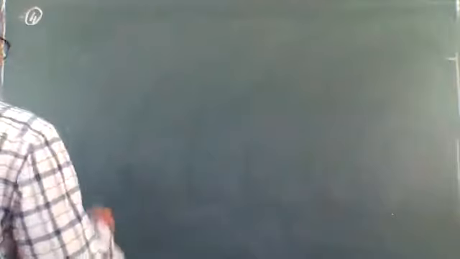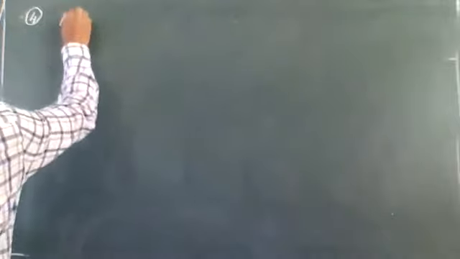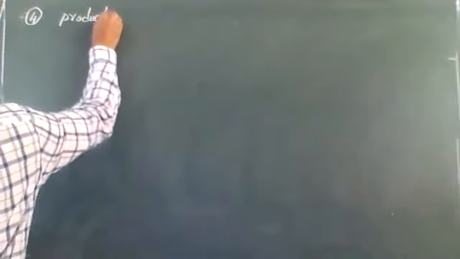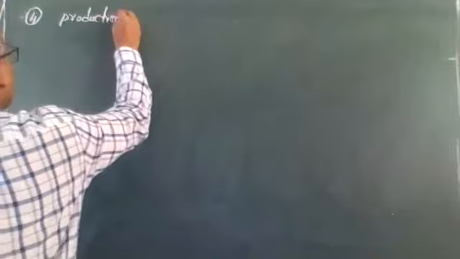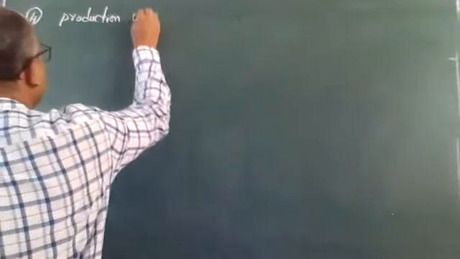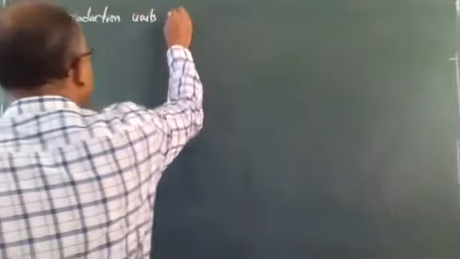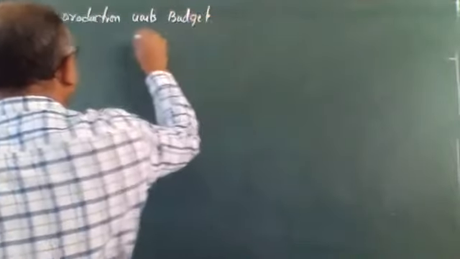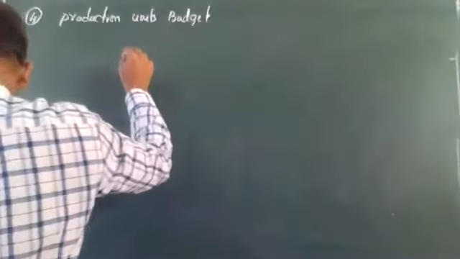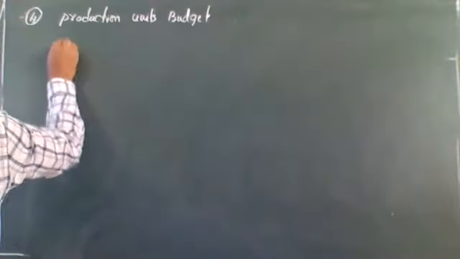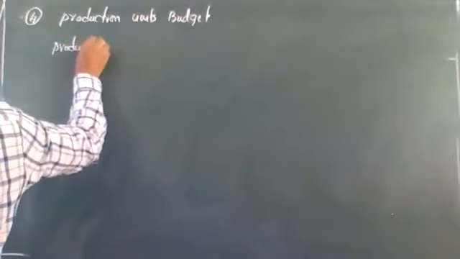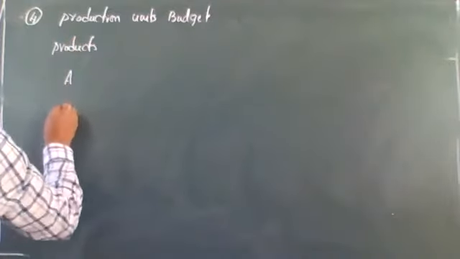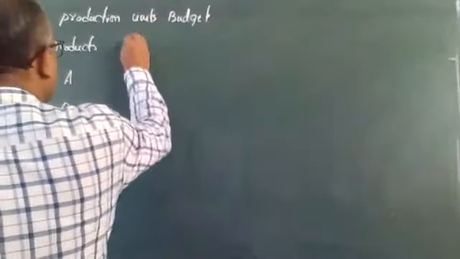Now I go with the same format. I am preparing a production units budget. I will be more specific here. It's a production units budget because it is a quantity budget. And we have 3 products, so we can move with the same format as we have done for the previous one. Products we have A, B, and C, and this goes the same.